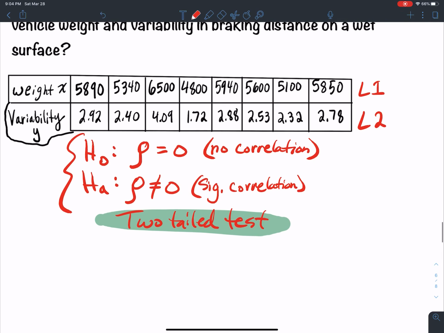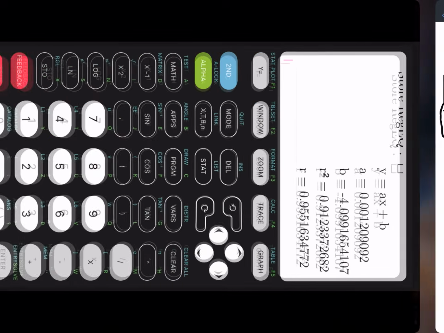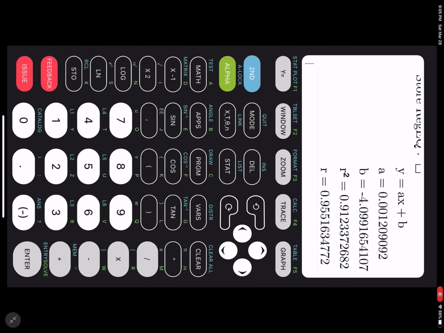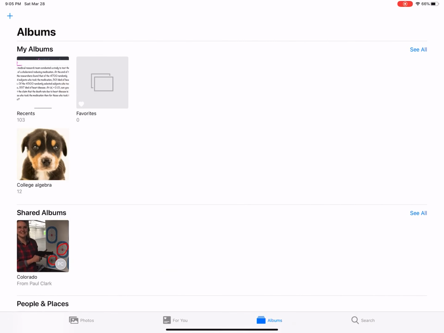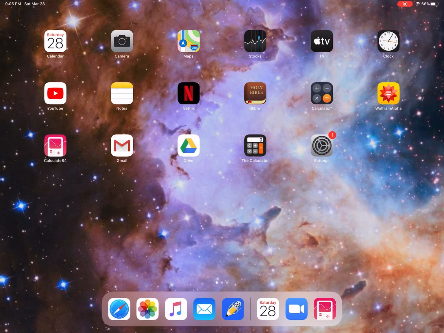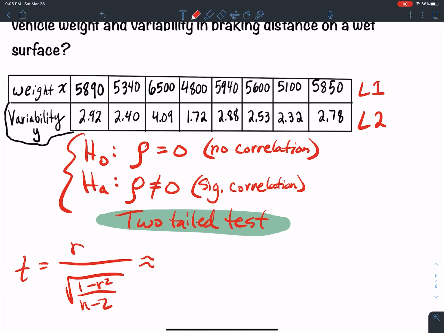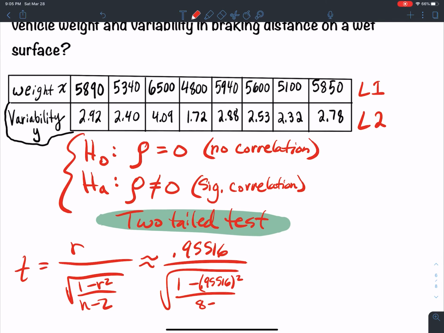t is equal to r over the square root of (1 minus r squared) over (n minus 2). If you use your calculator, you've got the r and the r squared already. So this is 0.95516 over the square root of (1 minus 0.95516 squared) over (8 minus 2).